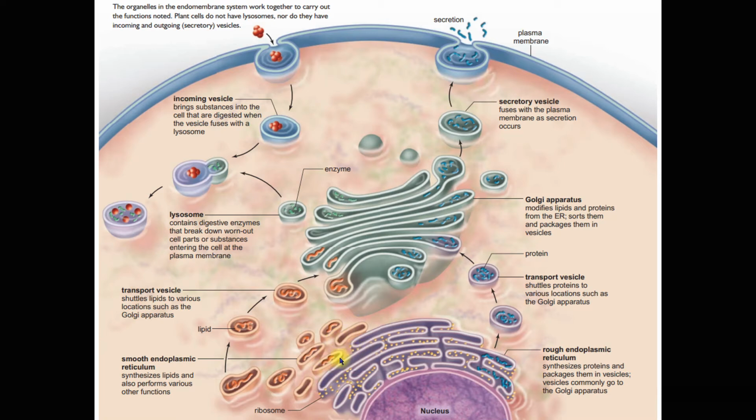This lipid will be transported into the Golgi apparatus for modification and packaging, and these lipids can either exit the cell as cell secretion or be used by the lysosome.